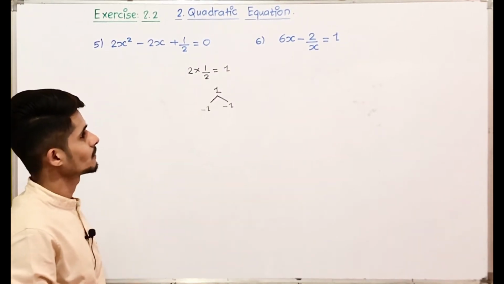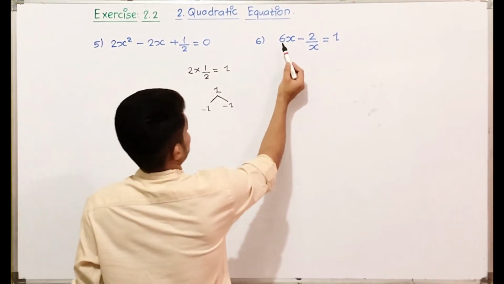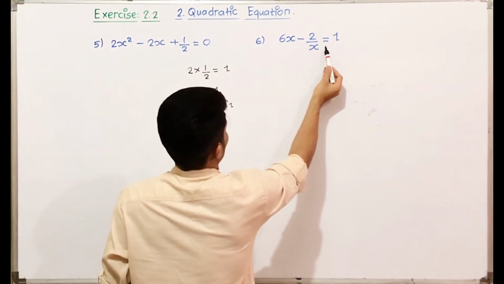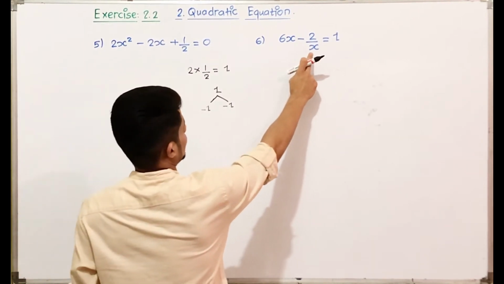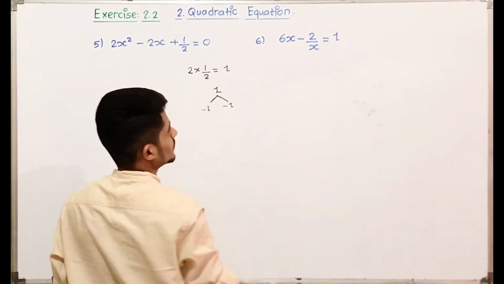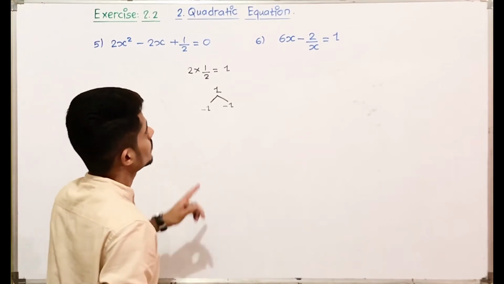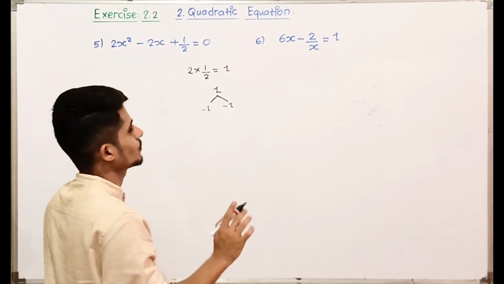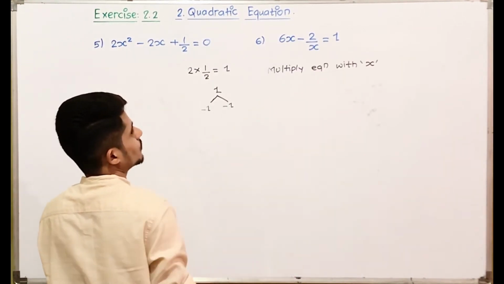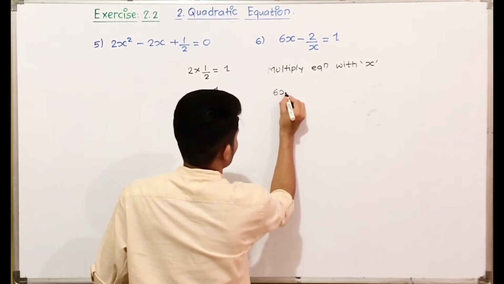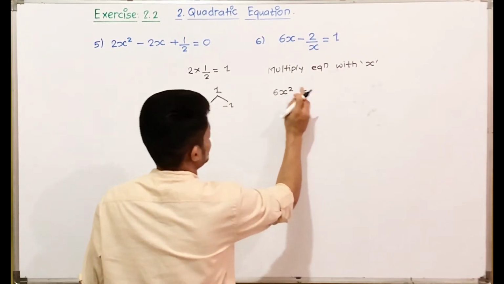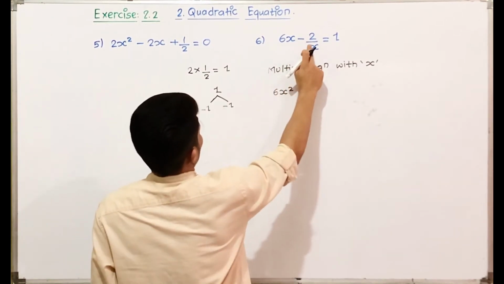We will see question number 6. 6x minus 2 by x is equals to 1. Now if you see, we have x variable in the denominator. So firstly we'll multiply the equation with x. So x into 6x will be 6x square minus x into 2 by x.